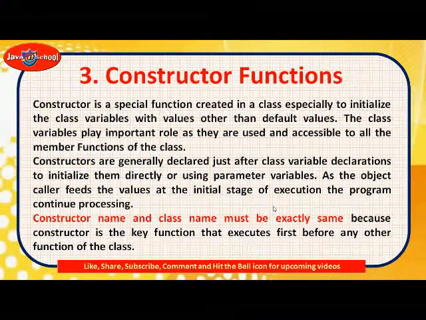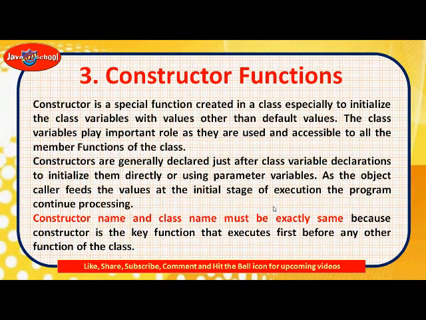So class variable declarations to initialize them directly or using a parameter variable. Class variables can be declared and initialized directly, or they can be initialized using the parameter variable through a constructor. As the object caller feeds the value at the initial stage of execution, the program will continue processing.